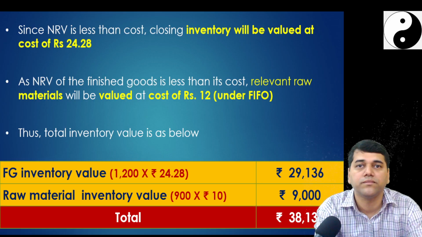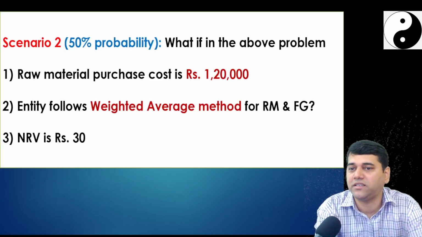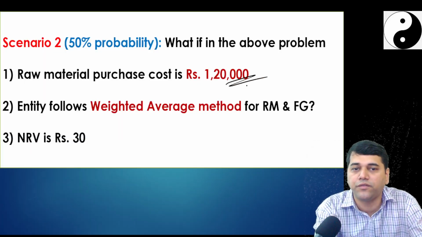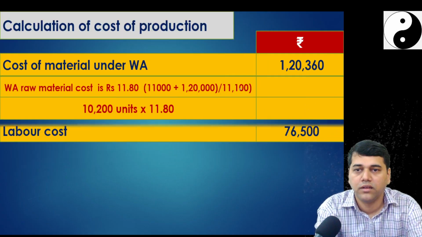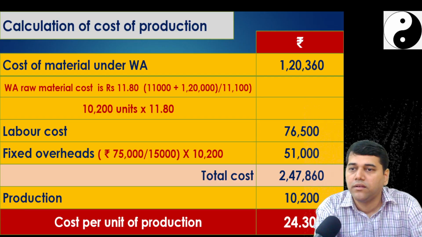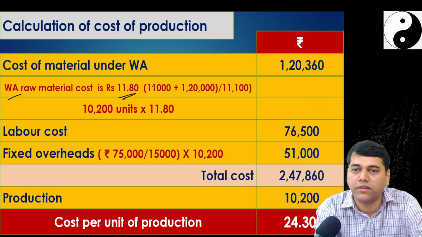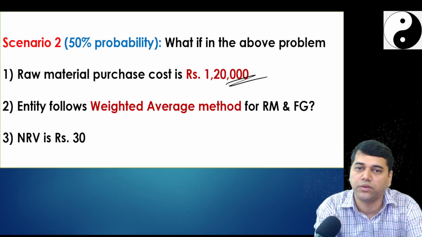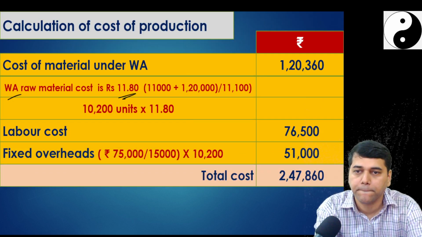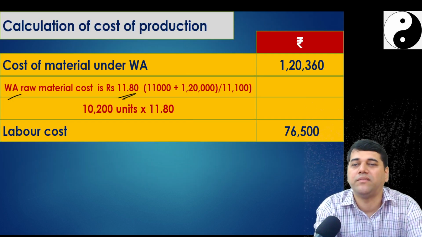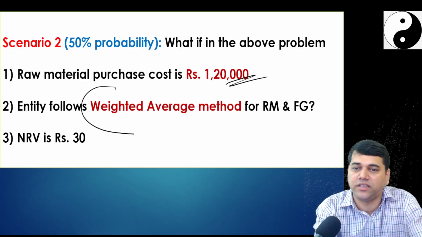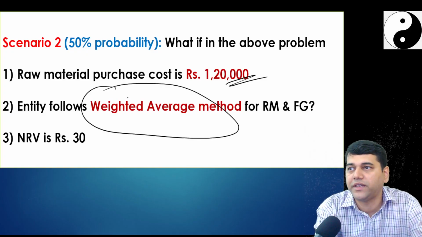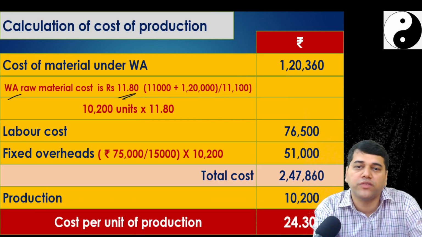Are you clear? And there is a 50-50 chance that raw material is 150. Weighted average raw material cost is 11.8. So what they said, raw material purchase cost is 120. What I am trying to tell here is that they may use the weighted average method instead. Then I need to check the weighted average cost of consumption of raw material.